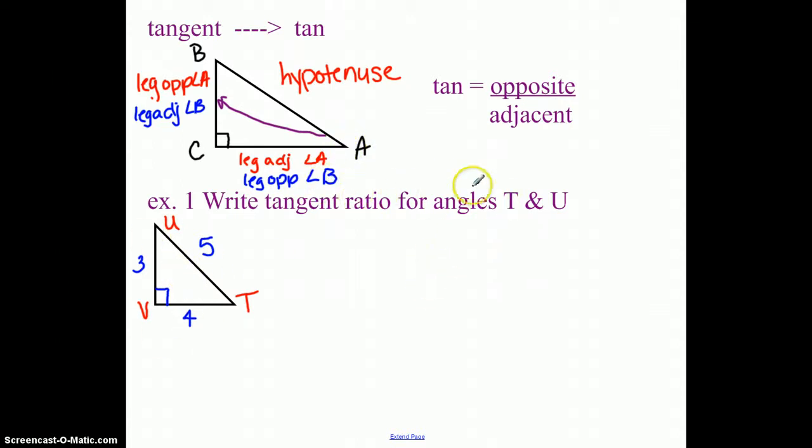First of all, they want us to write this for both angles T and U. Now I'm going to tell you, if I draw these for more than one, I automatically will draw more than one triangle. In my mind, it's a whole lot easier to do that than it is to try and label things more than once. So I just want you to watch for a second what I'm going to do. I'm going to draw the exact same triangle that's there.